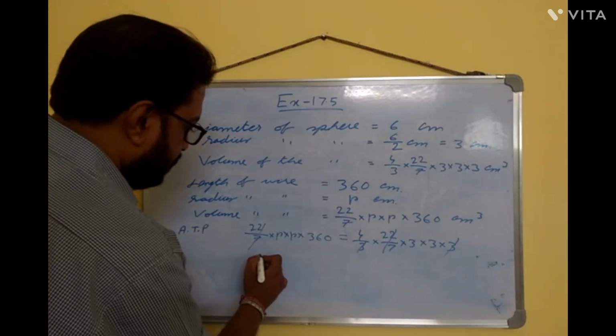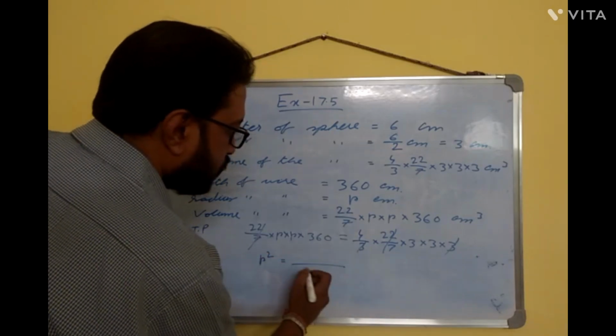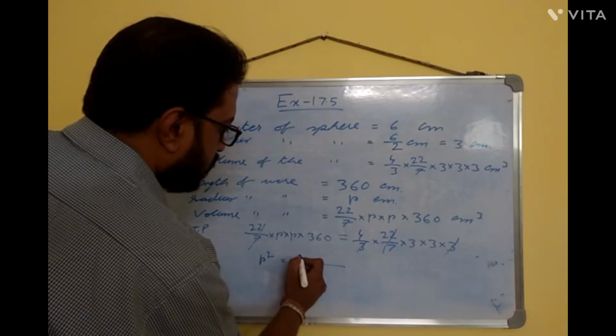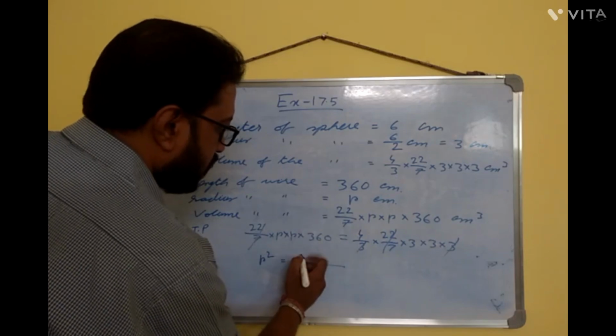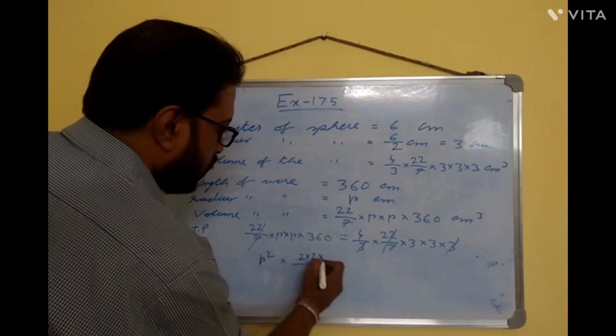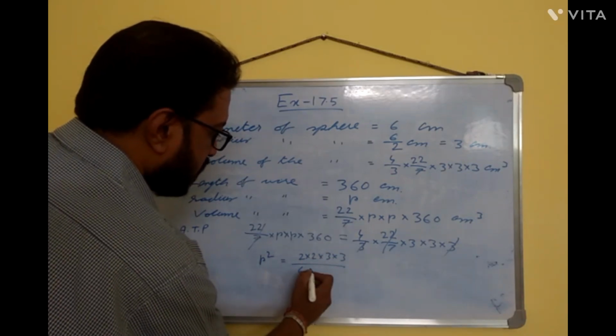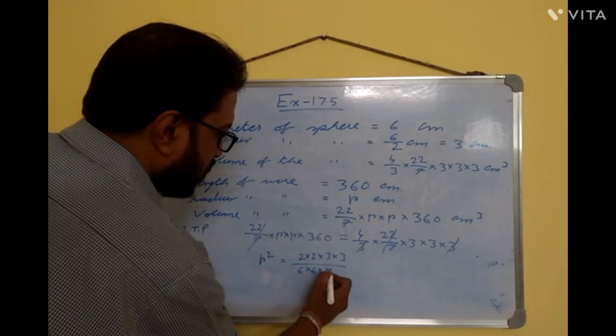So R square equal to 2 into 2 into 3 into 3 by 6 into 6 into 10 into 10.